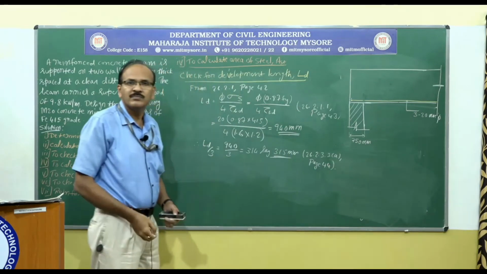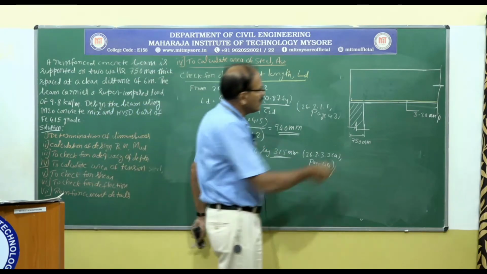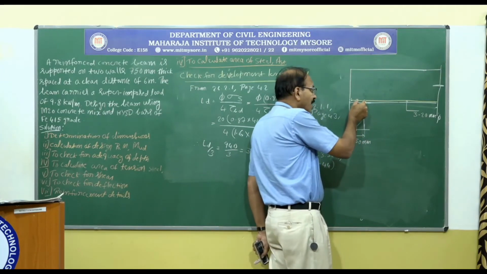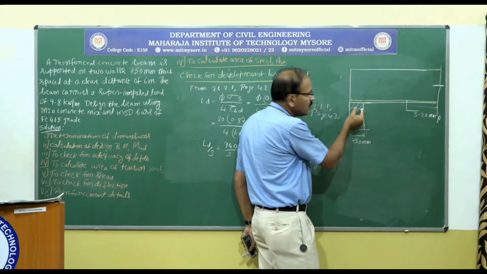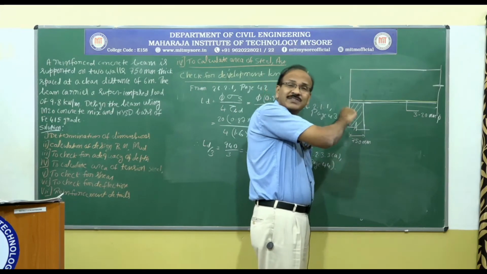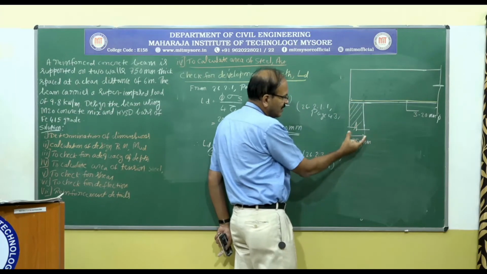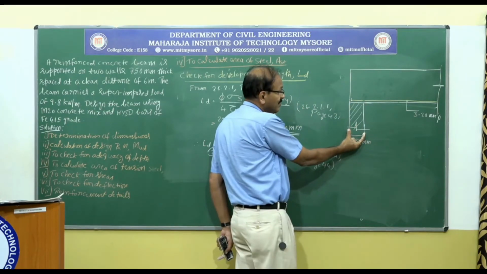Page 44. So what does it mean? You have to continue this bar at least for a distance equal to 315 millimeter. But how long have we continued? This is 750 millimeter.